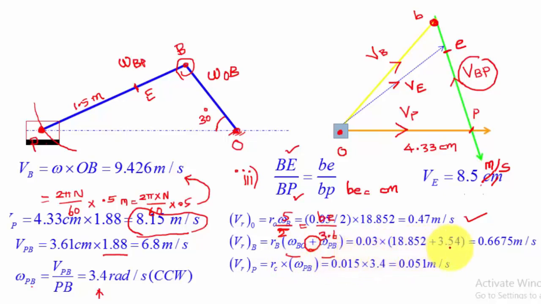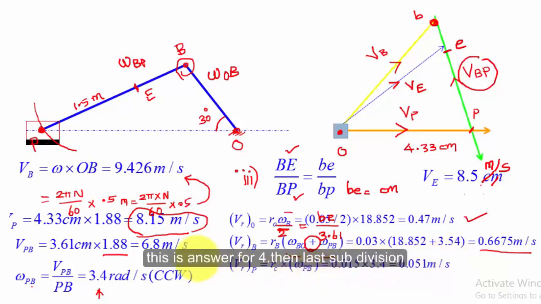So finally you will get 0.6675 meter per second. Third one, relative rubbing velocity at crosshead P. Here radius into omega BB. Finally you will get 0.051 meter per second. This is the answer for subdivision 4.